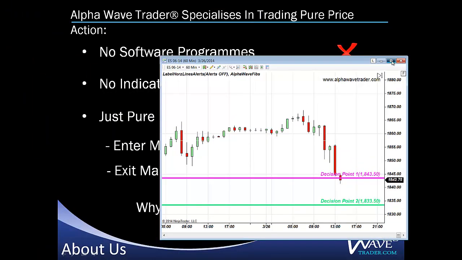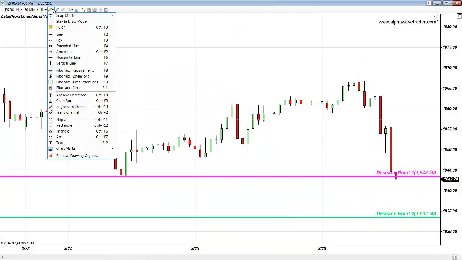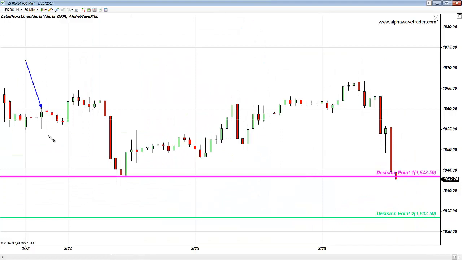Here's an example on S&P. This is the most important level in the market structure. This is the end of the minor trend, and this is Alpha Wave Trader proprietary Fibonacci level. When we were in the room on Monday, I spelled out very carefully, do not acquire short position anywhere near this level.